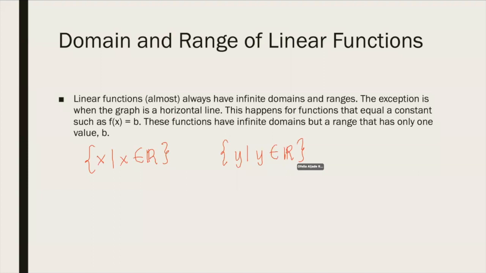But there is, of course, an exemption. The exemption is when the graph is a horizontal line, meaning it is parallel to your x-axis. This happens for functions that equal a constant such as y is equal to b.